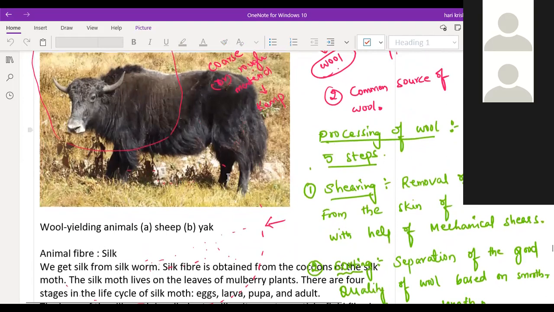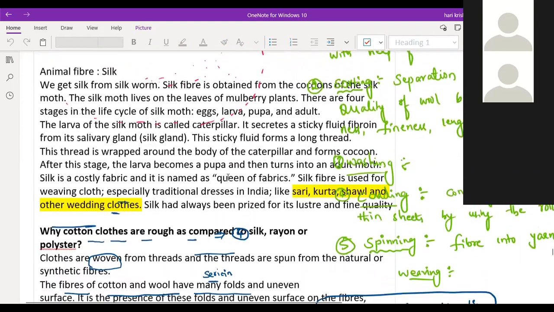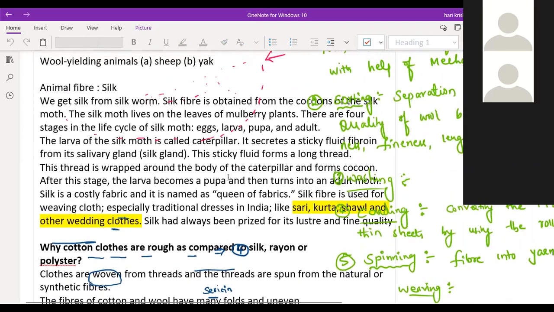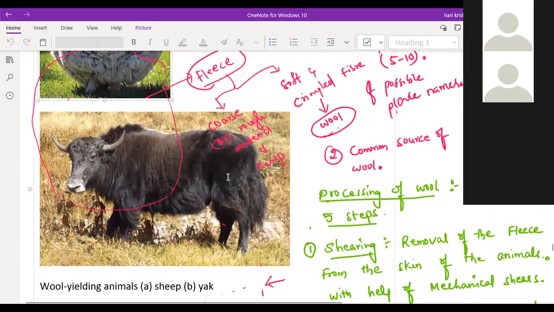From where will we get wool from a yak? Sir, where do we find yak, sir? In the jungle or in the zoo park? Sir, in the jungle, sir. Forest area means jungle, right? Sir, don't they live near dry areas like mountains?